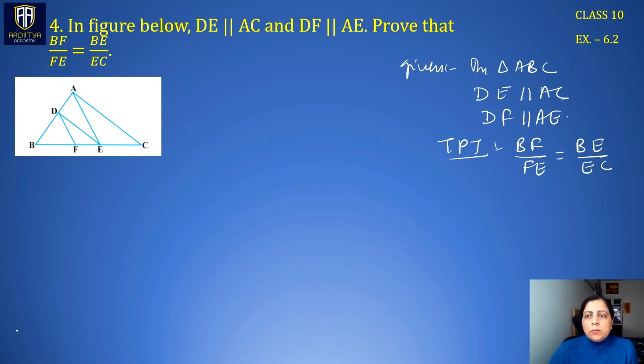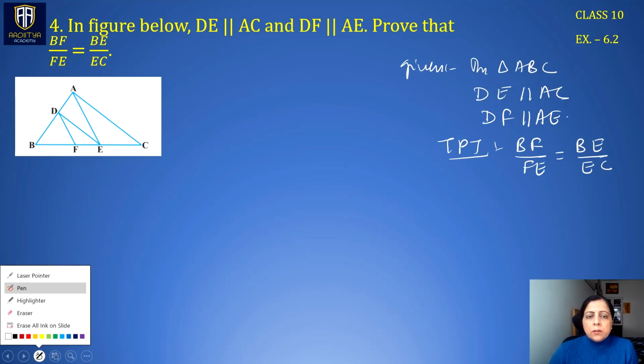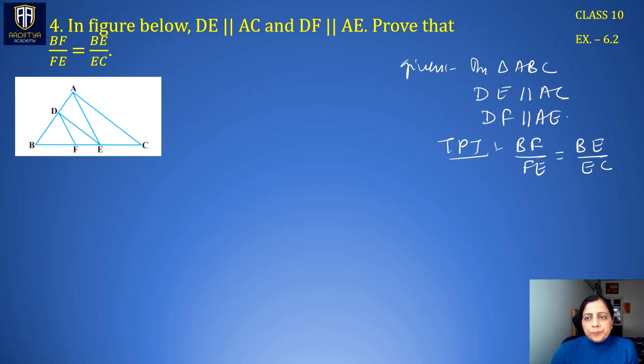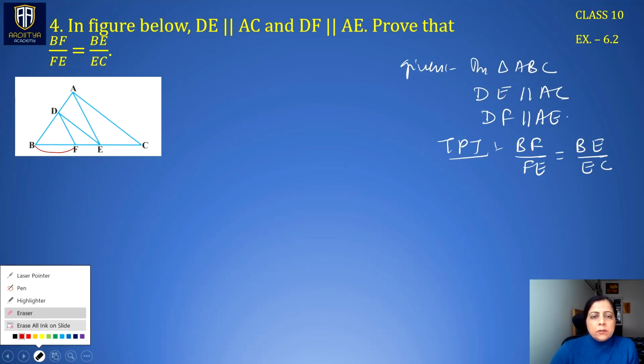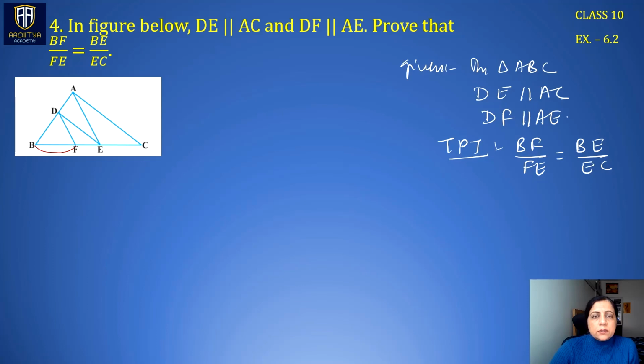Now this is a little bit upper level as compared to the previous question. What you have to keep in mind, BF upon FE, look for these parts, BF upon FE, that means this part, right? And the second one is BE upon CE.